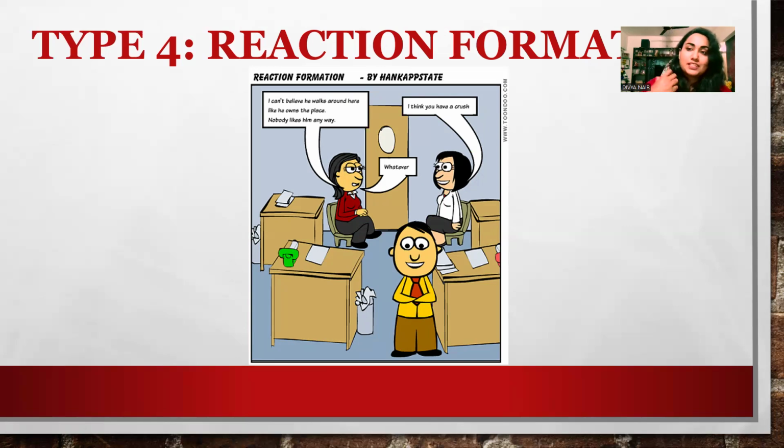You hate your boss to such an extent कि मन ही मन आपको बहुत गुस्सा आता है उनको देखकर. But whenever the boss comes in front of you, or whenever any colleague speaks about your boss, you're going to speak exactly the opposite. Oh, my boss is fantastic. He or she has fantastic leadership skills. So reaction formation का मतलब ये है कि जो आपकी actually सोच है उसके opposite तरीके से आप behave करते हो. Now, ideally, why will we do this? Kind of you are wearing a mask.